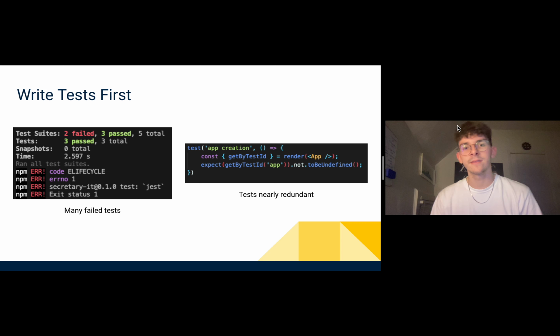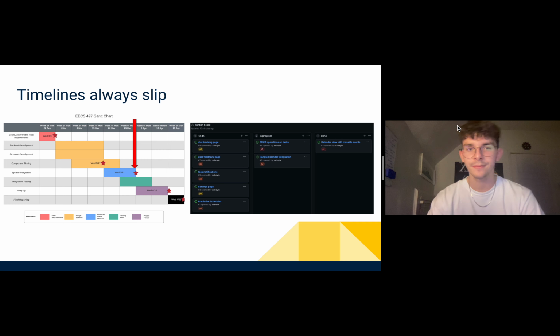This kind of test is an exemplification of our inability to unit test our code, because not writing tests early allowed us to get away with very entangled components and how they interact. And we didn't do a good job of separating concerns. So that made it really difficult for us to write tests further down the line, and it caused a lot of work that needed to be done to go back and refactor that code.